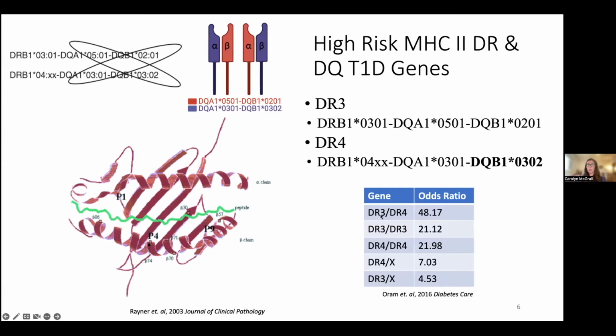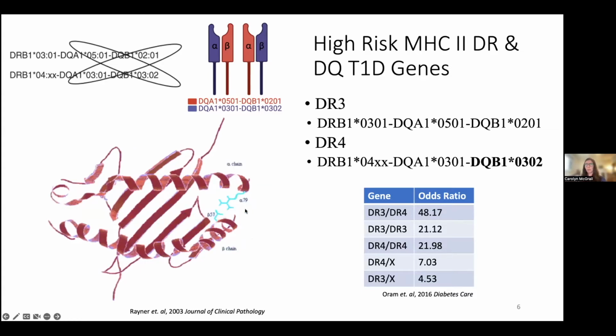The heterozygous combination of having 1 copy of DR3 and 1 copy of DR4 really drives this risk to great heights. It's thought that it can potentially create these transdimers that, on the surface of the cell, will change the pocket conformation, so potentially be more amenable to presenting autoreactive proteins, which will then trigger this autoreactive immune response by the CD4 T cells.